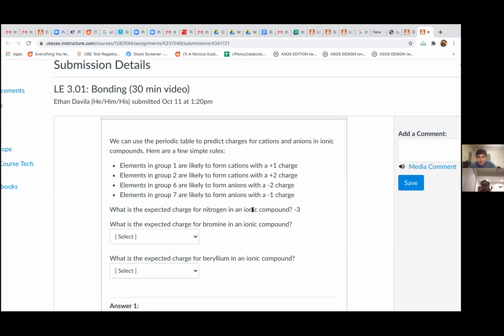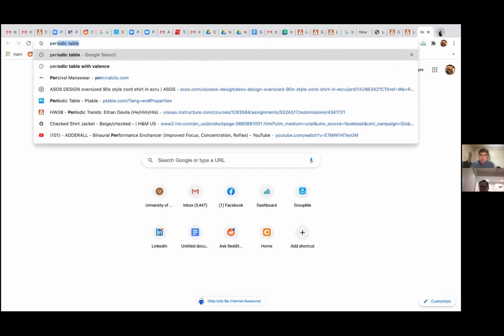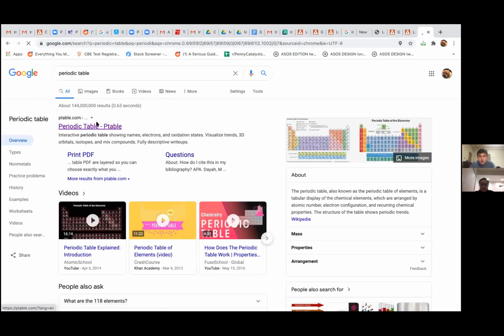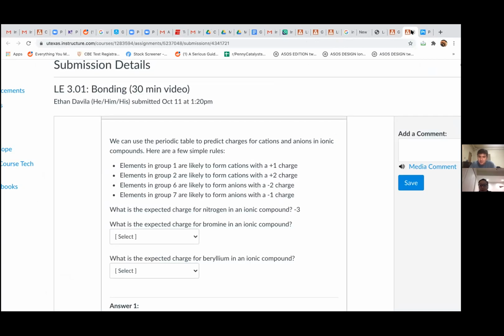So you just have to look at the charges based on where the elements are located on the periodic table. Look at bromine.